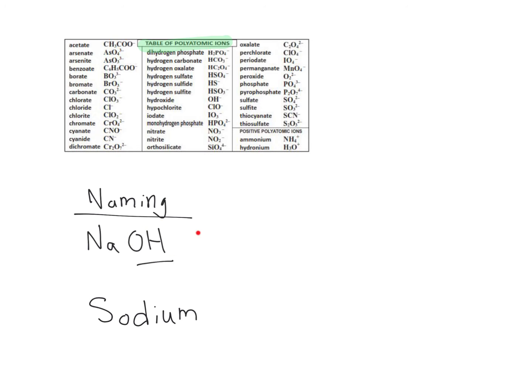Now I'm looking for OH. Sometimes it might be written as HO, but I know that it is right here, so OH. Now this OH has a special name and we call it hydroxide. And so all I have to do is write down that special name, hydroxide. It is as easy as that, writing down the name of the metal, then writing down the name of the polyatomic ion, in this case, hydroxide.